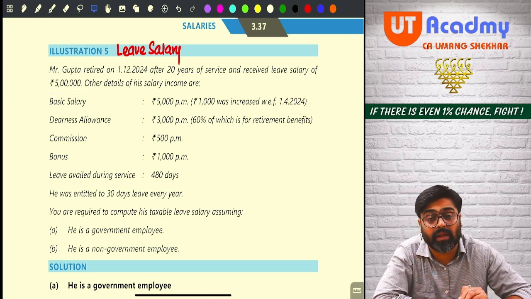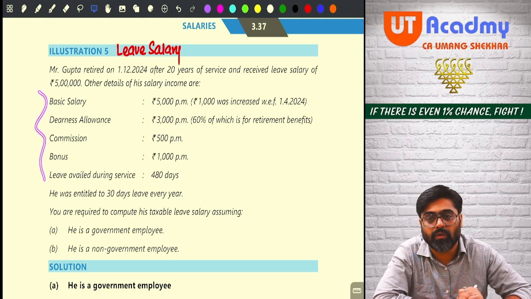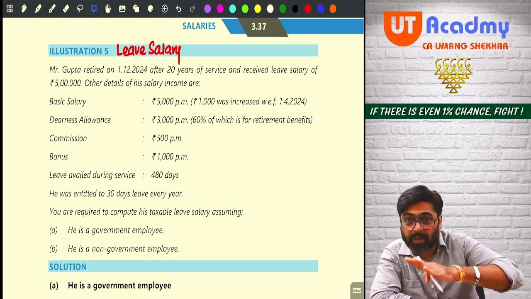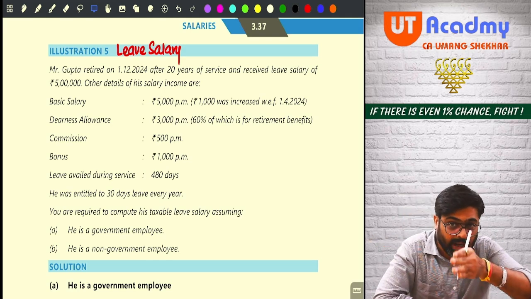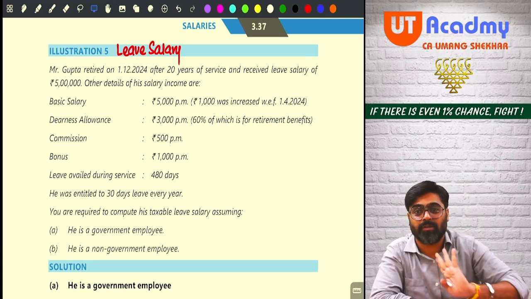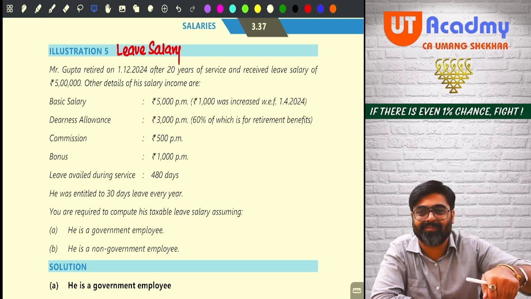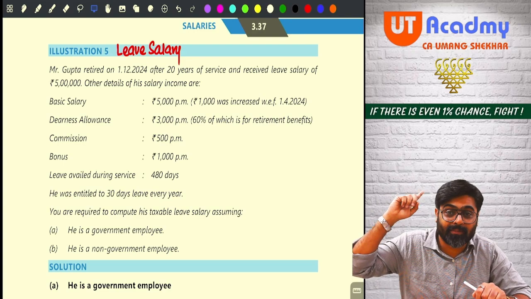Other details of his salary income are given. Whatever details are given, this much salary he was receiving prior to his retirement. So at the time of retirement, he is getting this much salary. Basic 5,000 he is getting right now, which was increased by 1,000 in the month of April.